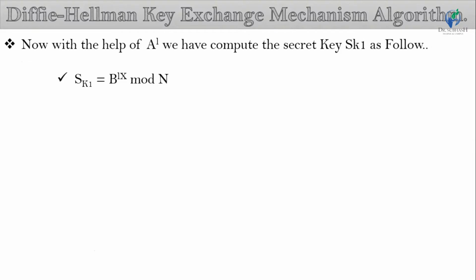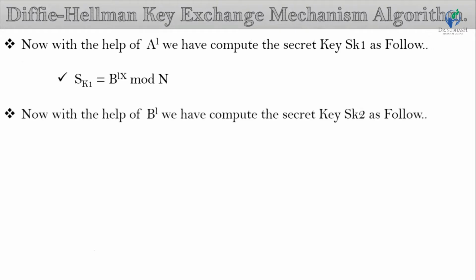And with the help of B dash, we have computed the secret key SK2 as follows. SK2 is equal to A dash raised to y mod n. So with the help of this algorithm, we have found two secret keys, SK1 and SK2.